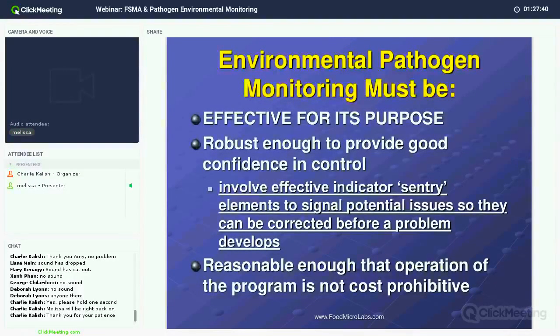It has to be robust enough to provide good confidence that we've got control of the environment. It's got to involve effective indicator testing or sentry elements that signal us that something might be amiss. And of course, it's got to be reasonable enough that the program is not too cost prohibitive, because if it is, it wouldn't be sustainable, and that would be a problem in and of itself.